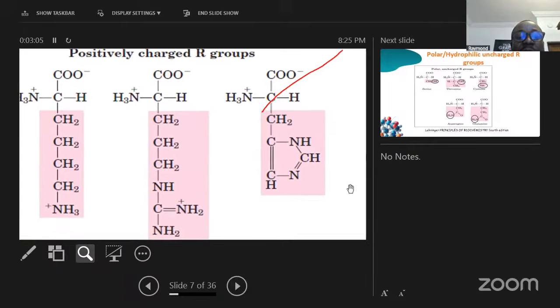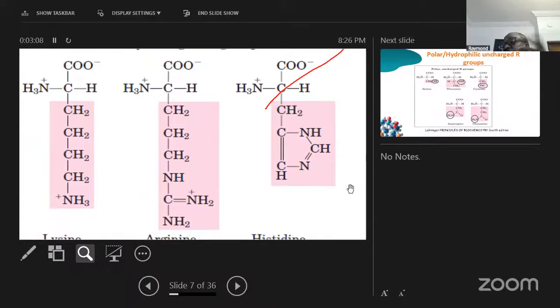You can see that the only difference is the R groups. For lysine, you notice that we have how many CH2? 1, 2, 3, 4. Four CH2 with one amino group, and you're done with lysine. For arginine, you can see we have how many CH2? 1, 2, 3.